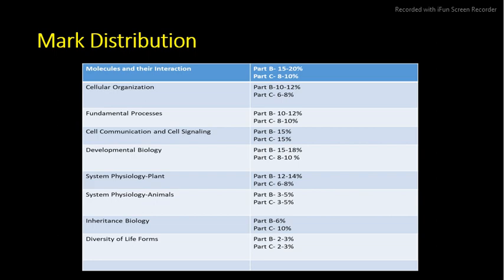Then system physiology for plant, part B they will be asking around 12 to 14 percentage, and part C 6 to 8 percentage. System physiology animals, part B 3 to 5 percentage, and part C also 3 to 5 percentage. Inheritance biology or genetics, in part B around 6 percentage, and part C around 10 percentage. Diversity of life forms, in part B and part C they will be asking about 2 to 3 percentage.